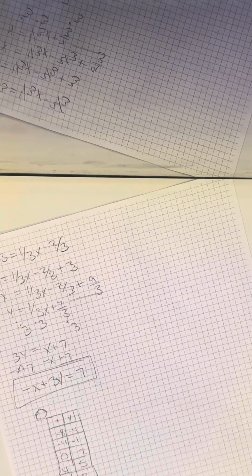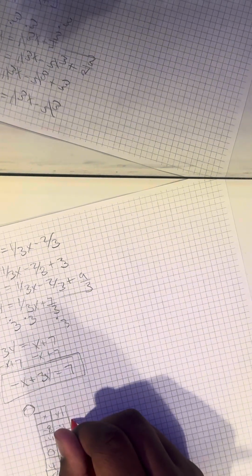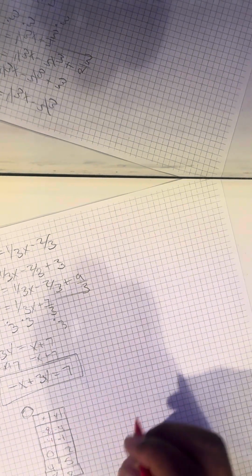Alright, C gives us a table and we have to write the equation. We have to find the slope and y-intercept so we can write it out. We can find the slope by seeing the change in the x and the change in the y.